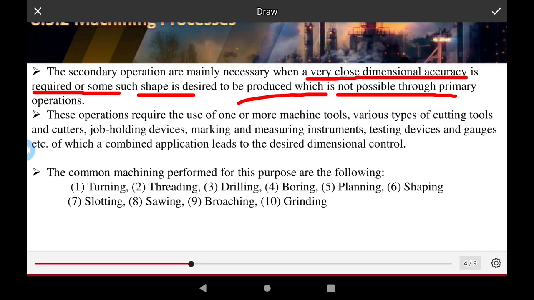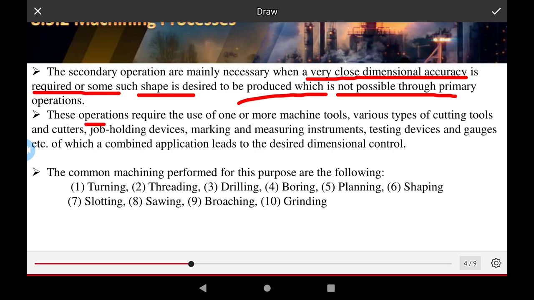The secondary manufacturing process is applied on materials as a finishing process, where extra material is removed from the workpiece surface to achieve a very sharp accuracy of dimensions.